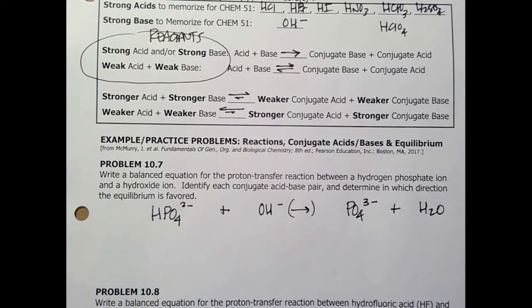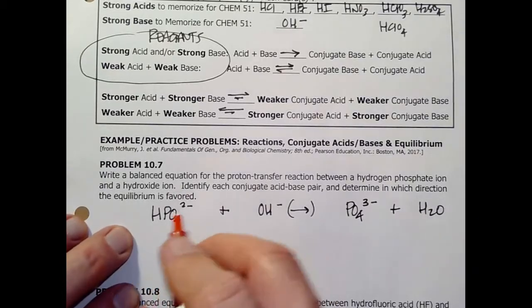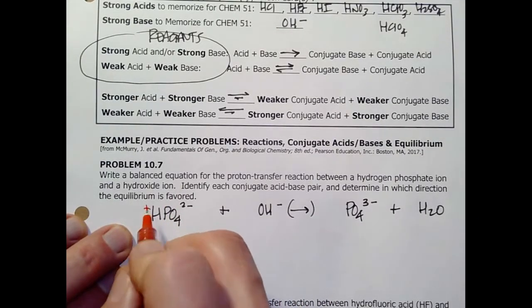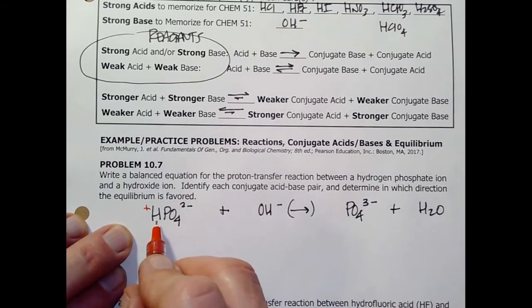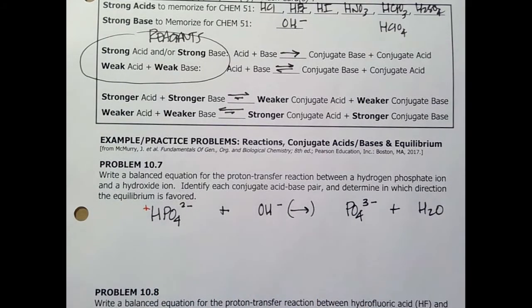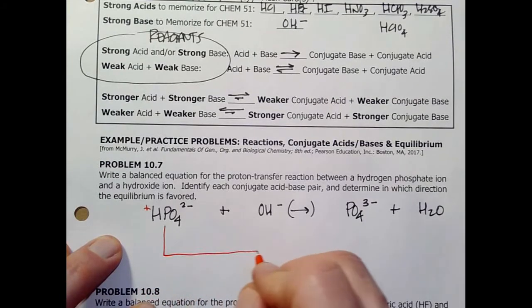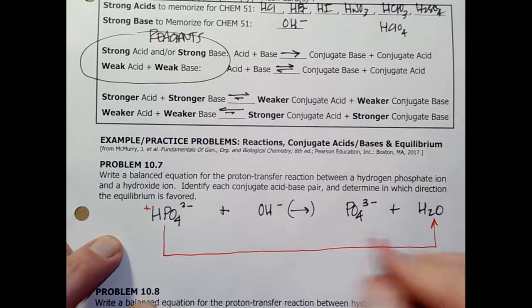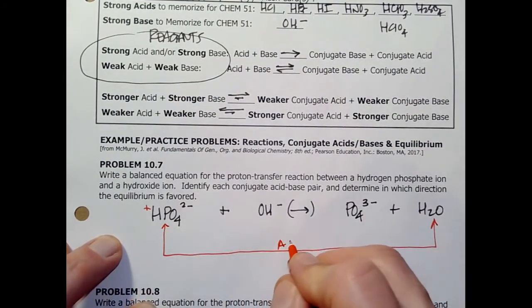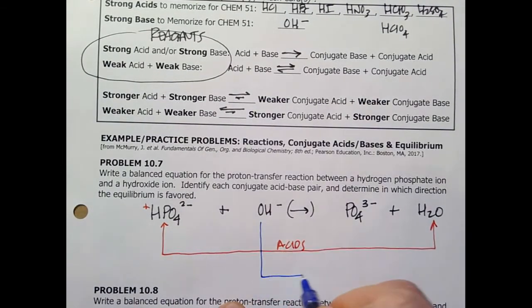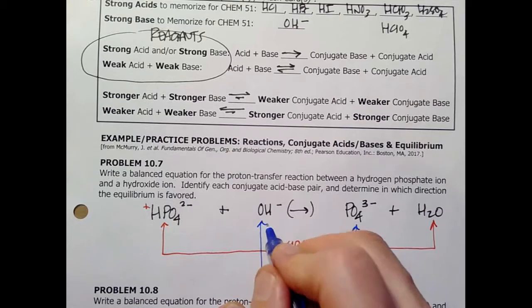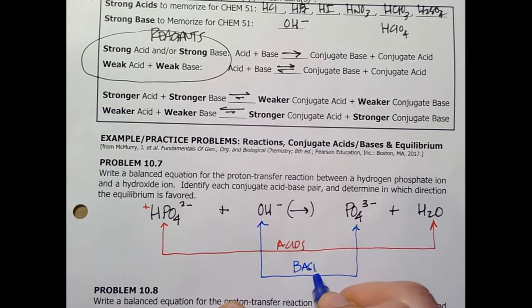It's a proton transfer, so this H plus is going to here, which gives me water. Removing the H plus here gives me phosphate. So here are two acids, and here are two bases.